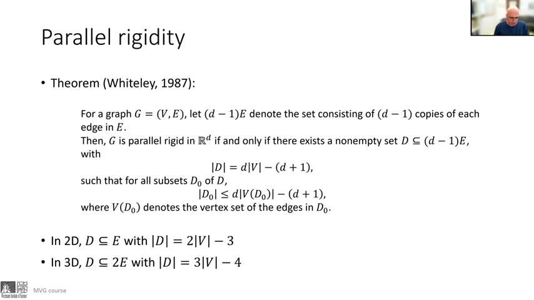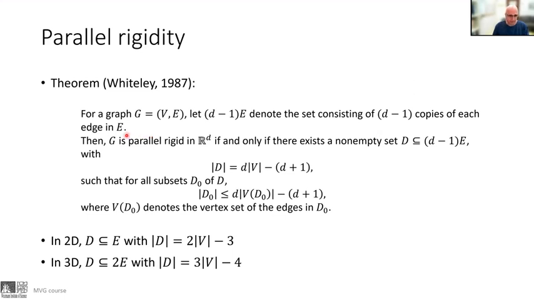So for a graph, let's define (d minus 1)E, which is simply d minus 1 copies of the edges.